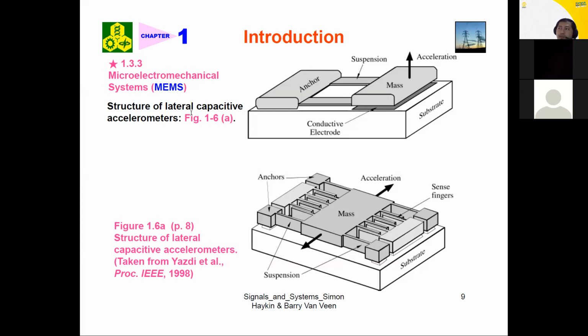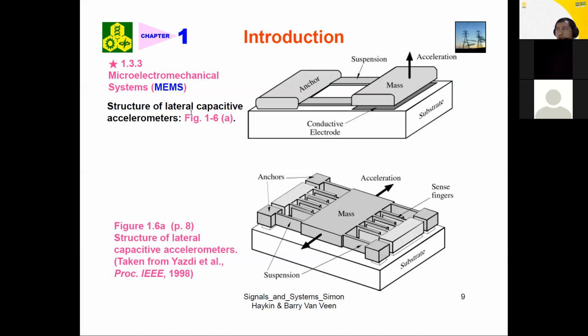So that's why, when you put your smartphone in the landscape direction or in the vertical direction, vertical or horizontal position, your smartphone will adjust the screen.